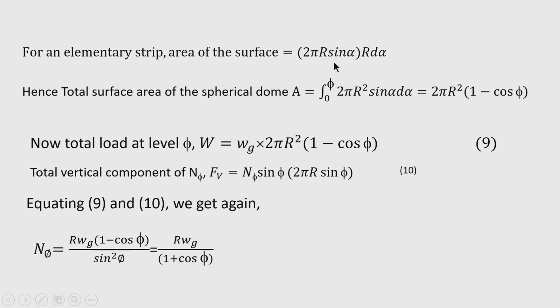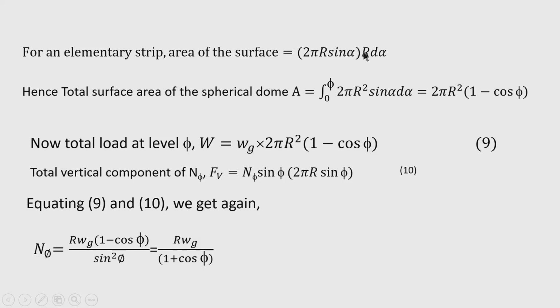Here r sin alpha can be taken because r_2 sin alpha, and r_2 is equal to r_1 for the spherical shell. So, we get this quantity as the area of the surface. The total surface area of the spherical dome, after integrating from 0 to phi, is 2 pi r square into 1 minus cos phi.